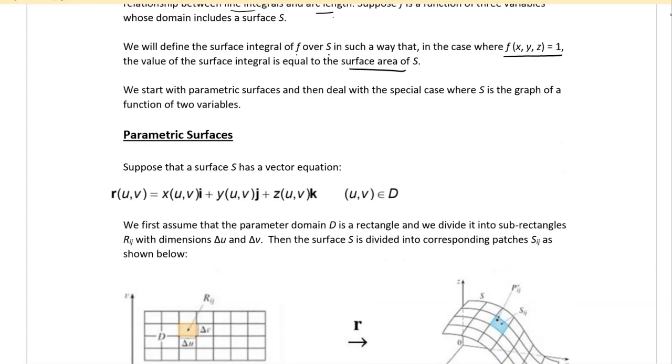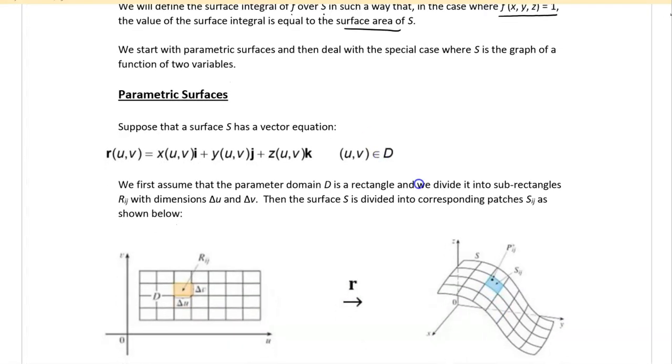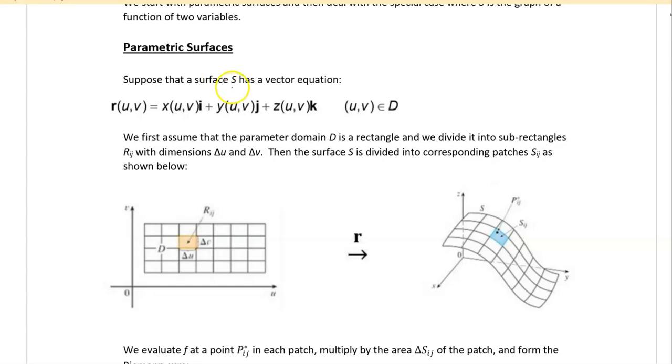So we're going to start with parametric surfaces. I don't know if we'll get to special cases today. Suppose we have a surface S that has a vector equation r of u, v, with three functions x, y, and z of u, v.